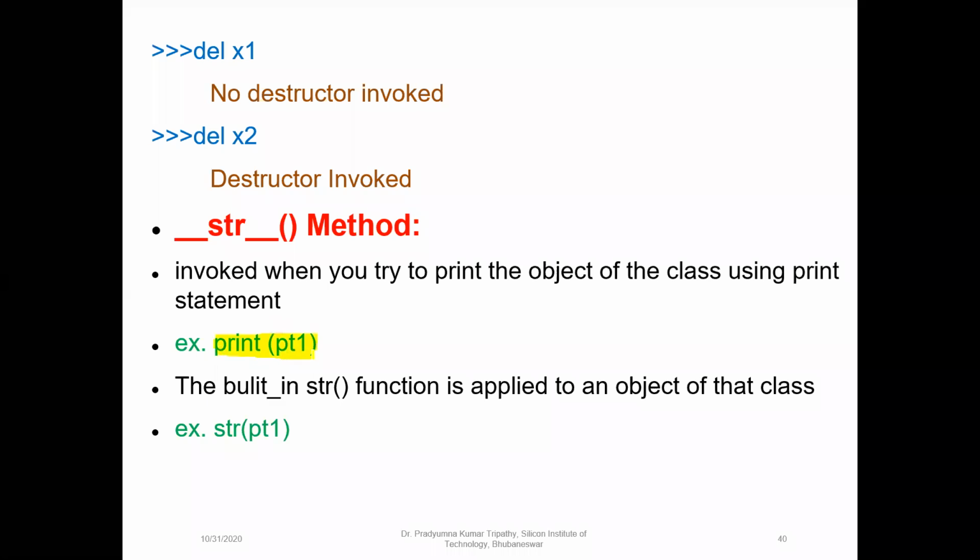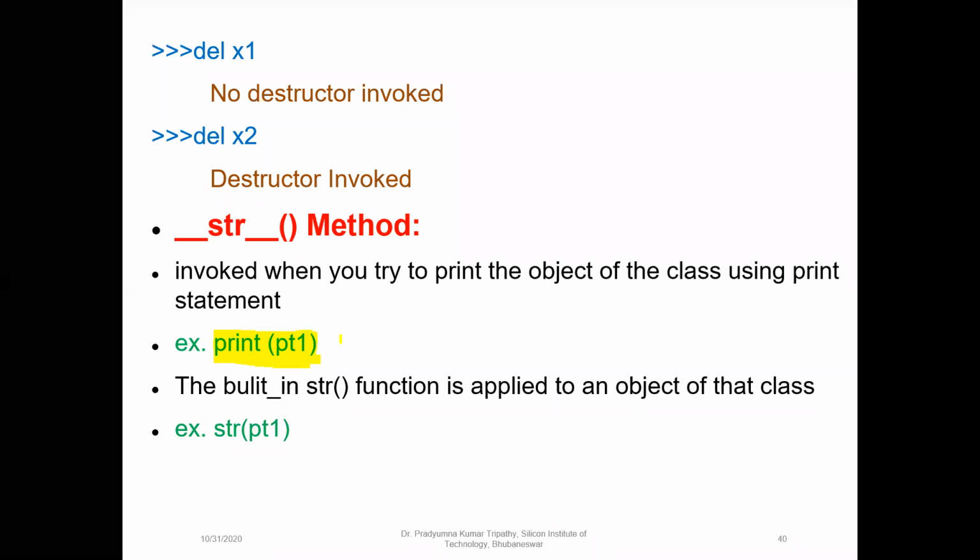In C++, when you write the object name, you have to specify object dot variable name or object dot method name. But here I am writing only print object.